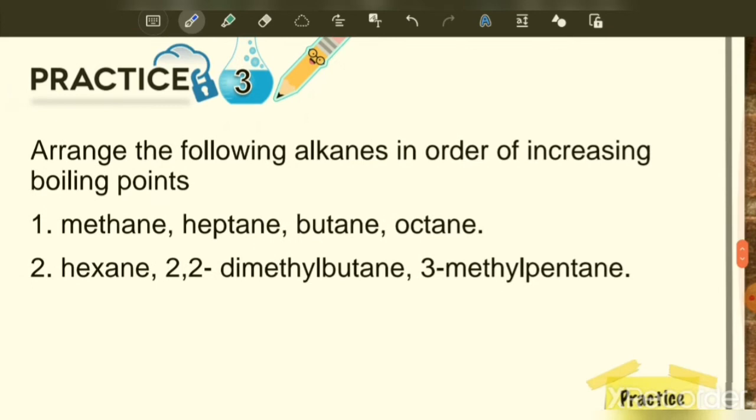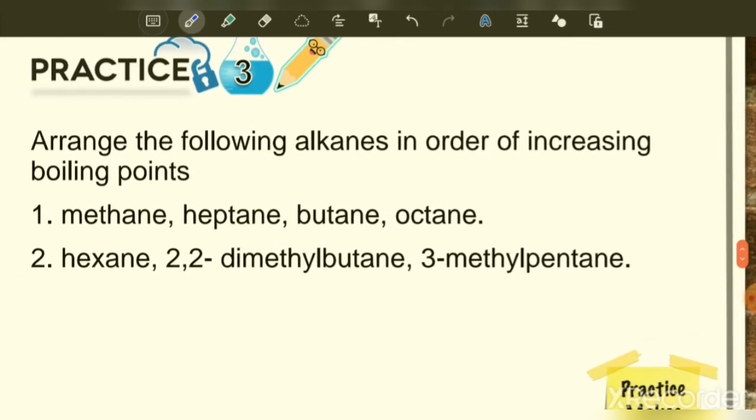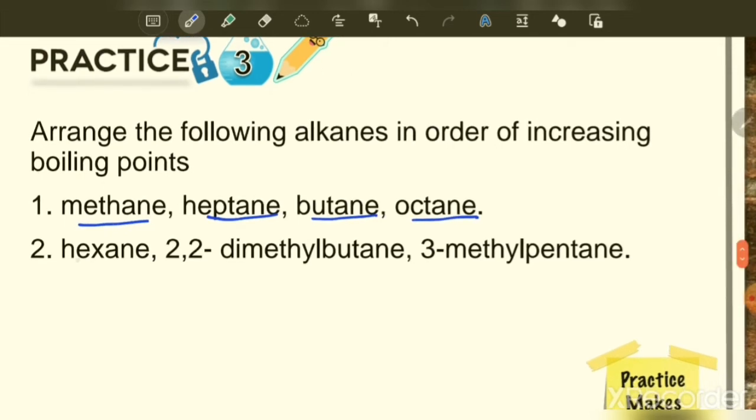Okay, so we go to the practice. Arrange the following alkanes in order of increasing boiling point. For the first question, we can see that we have different molar mass and different number of carbon, but all of these alkanes are straight chain alkanes. For the second one, we have hexane, 2,2-dimethylbutane and 3-methylpentane.